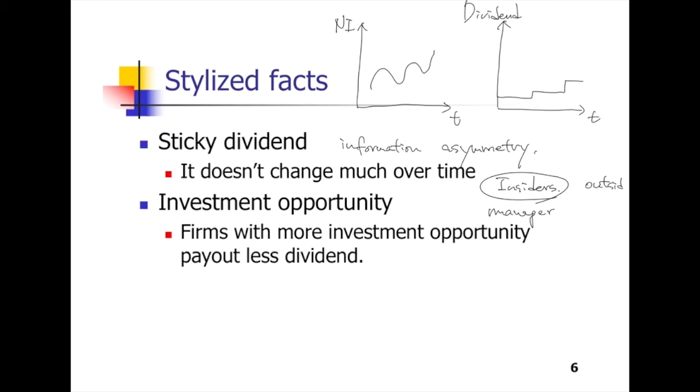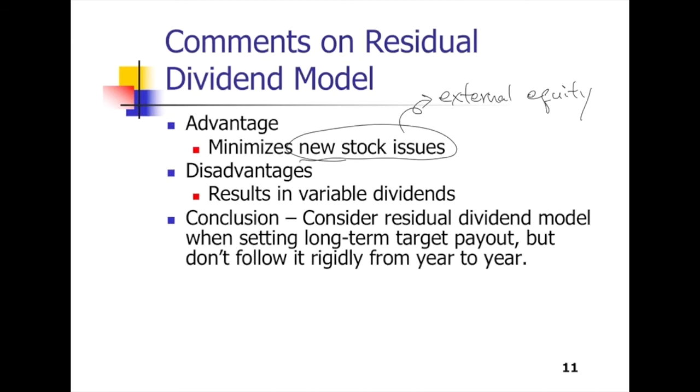It doesn't change much over time. But when we use the residual dividend model, it changes a lot. So we cannot use the residual dividend model year to year. We can just use it when setting the long-term target payout ratio. So the firm can use the residual dividend model as a benchmark or a long-term guideline to set the future dividend.